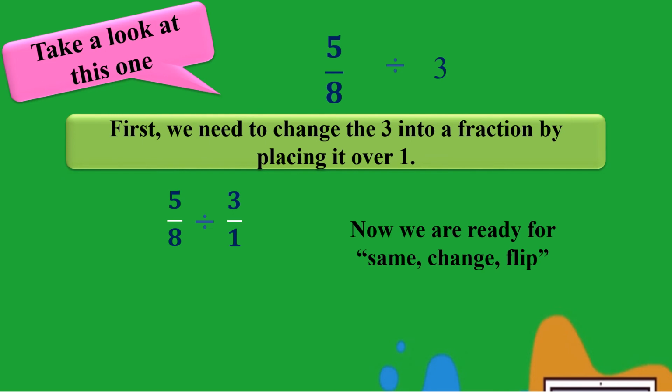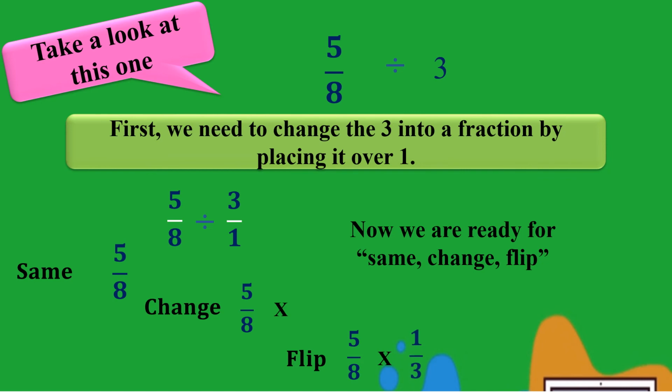So now we are ready for same change flip. 5 upon 8 will be same. Division sign will be changed to multiplication sign, and the second fraction will be flipped. Yes, it will be 5 upon 8 multiplied by 1 upon 3. Now we are here like multiplication.